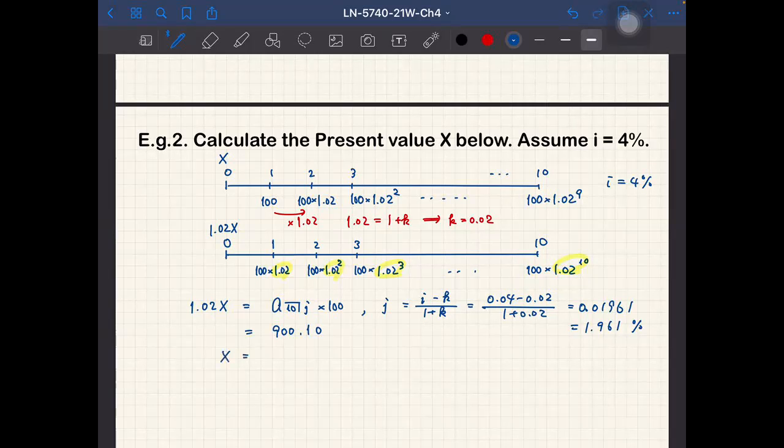X is equal to this divided by 1.02. So we get this as 882.46. So maybe we only have 4 digits here. So maybe only the 882 is valid, but this is approximately $882.